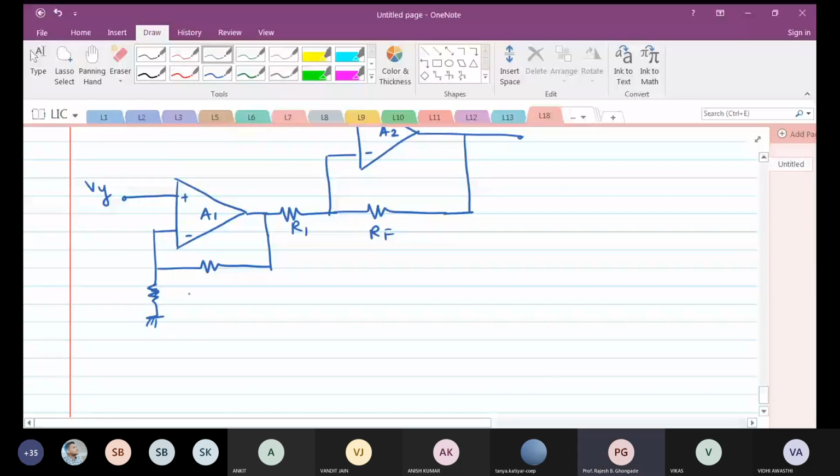So this is R3, which is numerically equal to R1. This is R2, which is numerically equal to RF. This is by design.